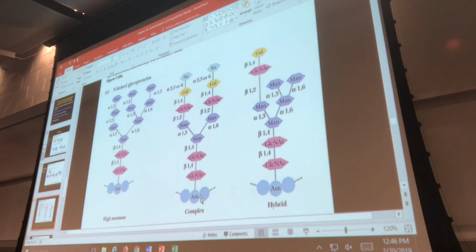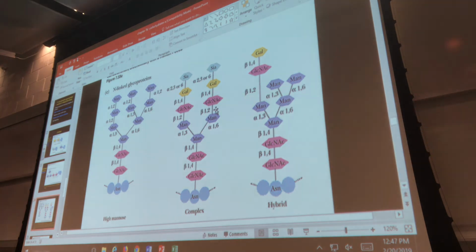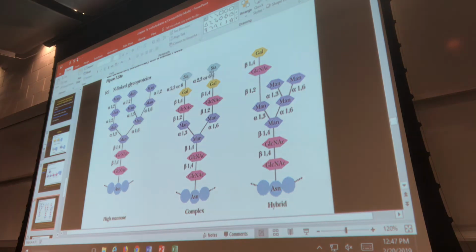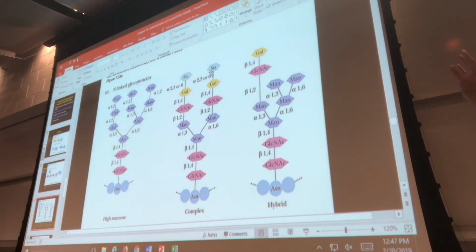A complex glycoprotein is the one that has these 2 unique, diverse sets of sugars in this branch form here. You see galactose, you see galactosamine or something, mannose and sialic acid there. So it's a very balanced looking picture. That is what complex is.